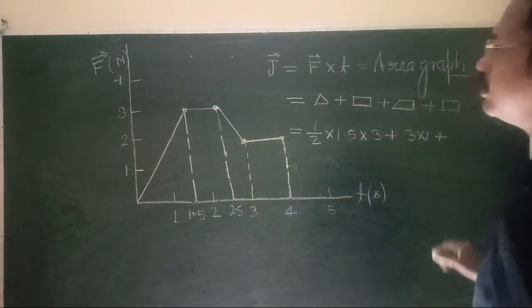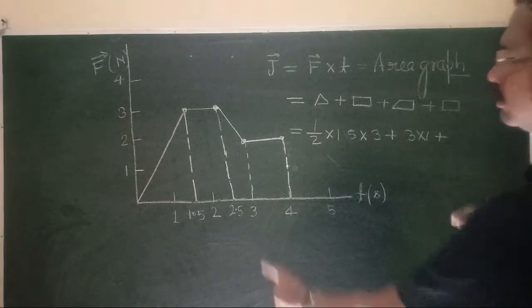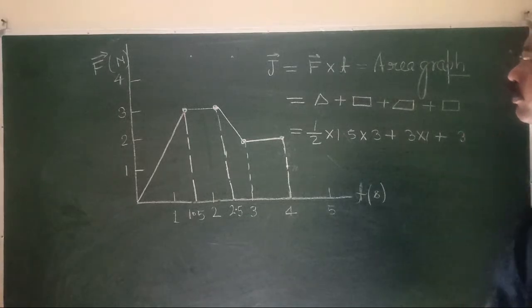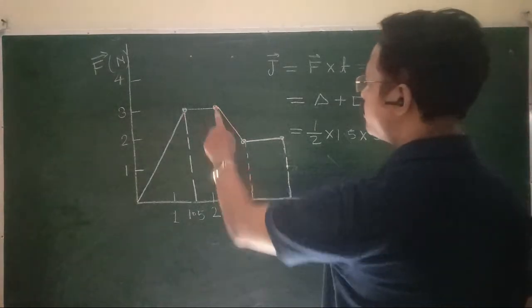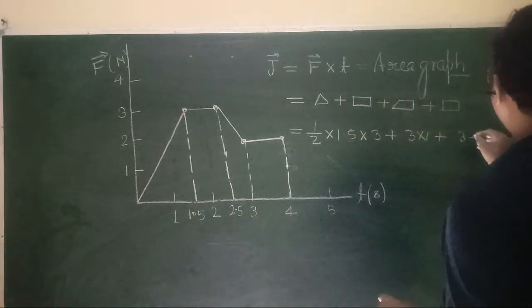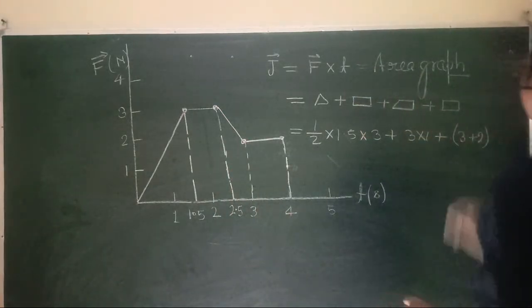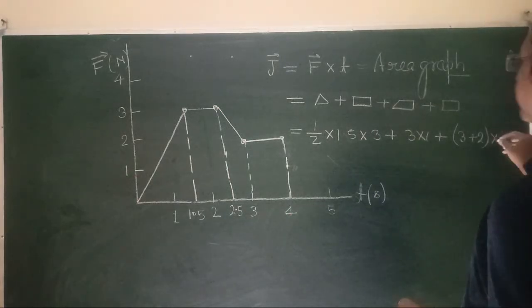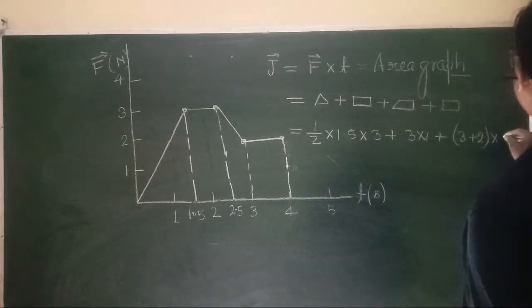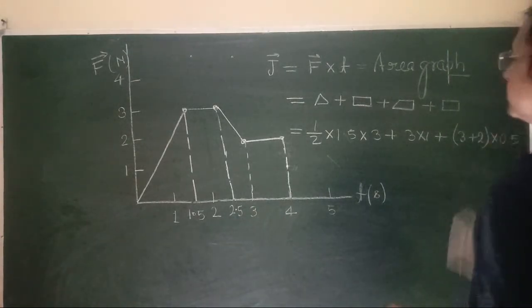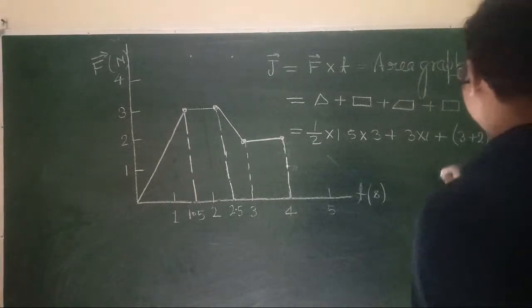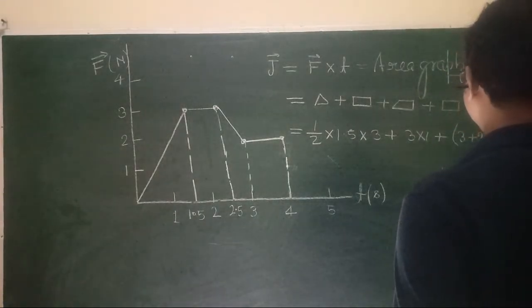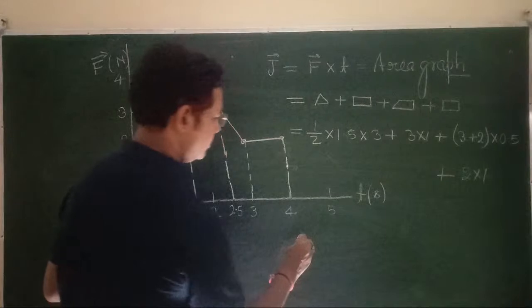Parallel sides are 3 plus 2, 3 plus 2. And this is 0.5. Again, last part 2 into 1. This is equal to how much?